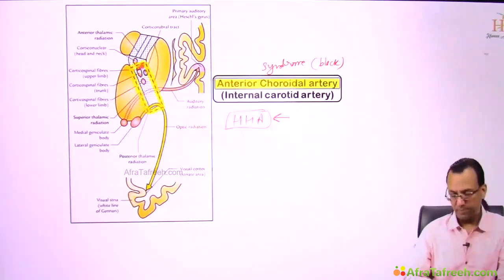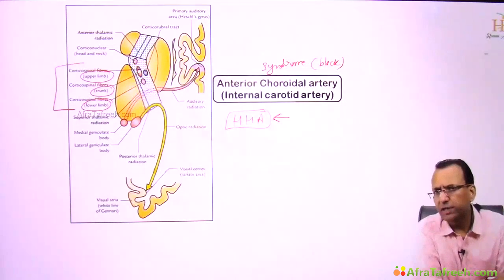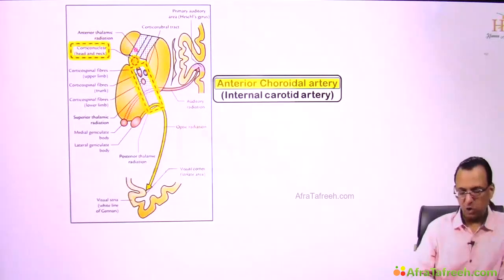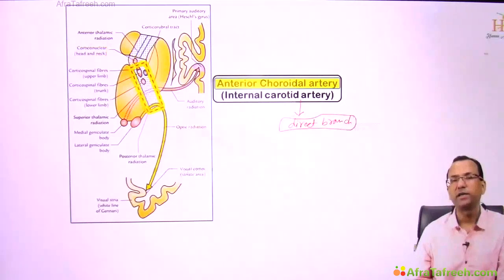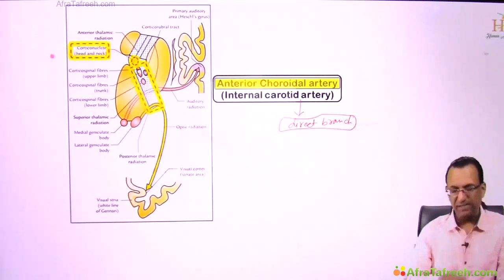Why not the face? Because this is sensory motor loss on the upper limb and the trunk and the lower limb, not the face. Why not the face? Because the genu part of internal capsule has a separate artery supply. What is that separate artery supply? Actually, it is supplied by a direct branch of internal carotid artery. So corticonuclear tract is still working.